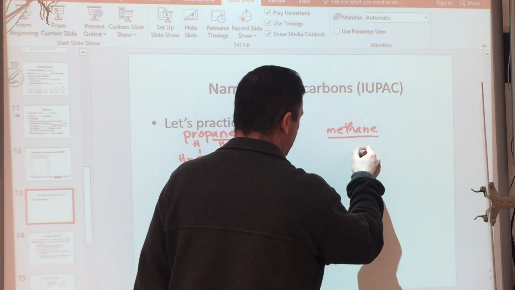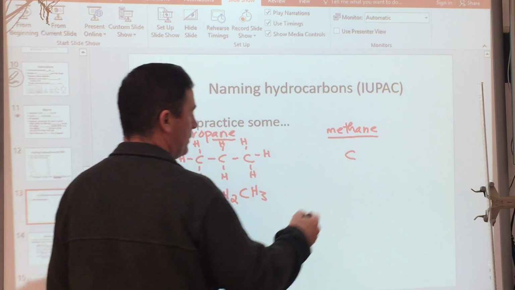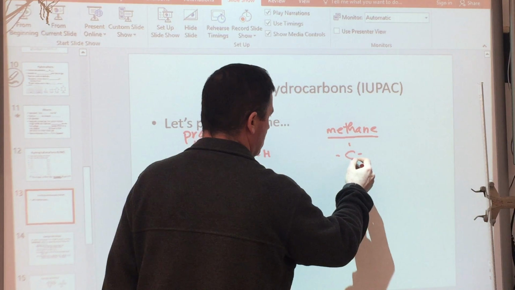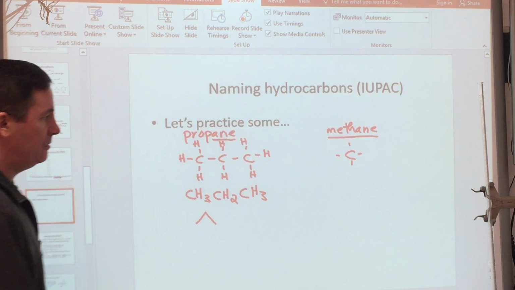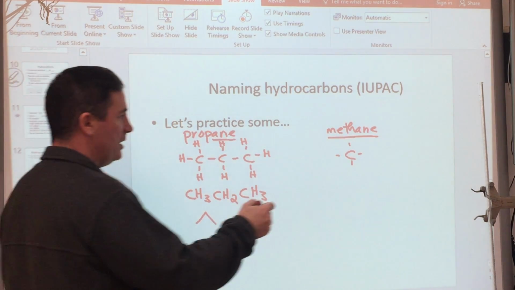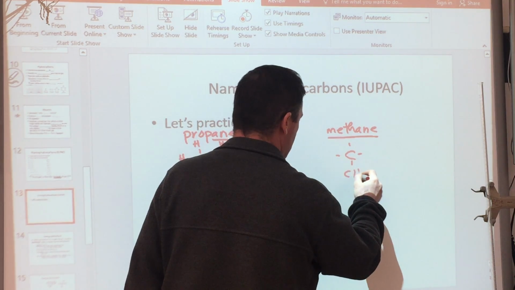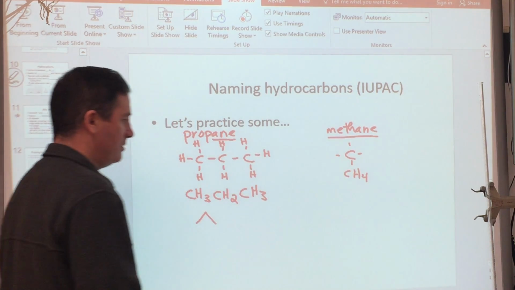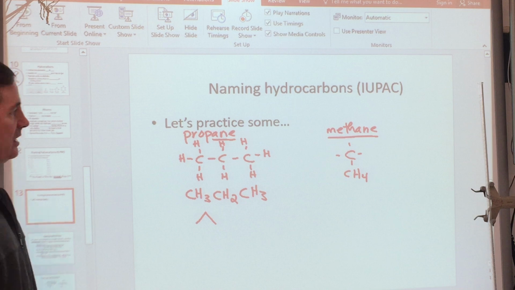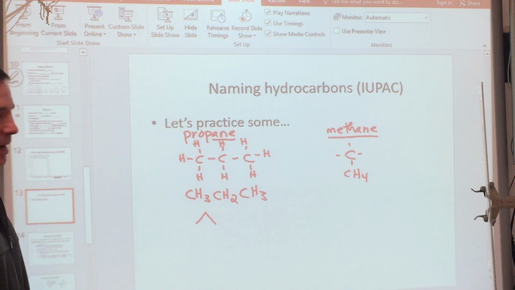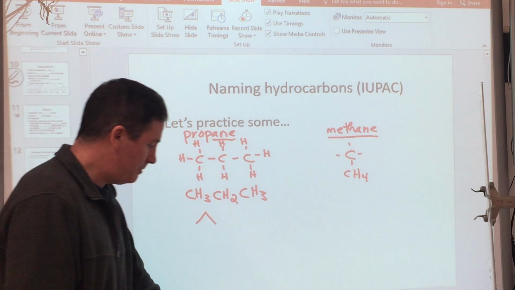So 1 carbon, 4 hydrogens, and its condensed formula is CH4. And I've never seen anything as a skeletal structure. There probably isn't one, since it's only 1 carbon. I don't know if you just put a dot or what, but we don't have to worry about the skeletal for that one. Okay, good so far?